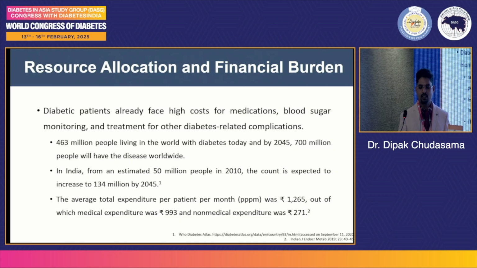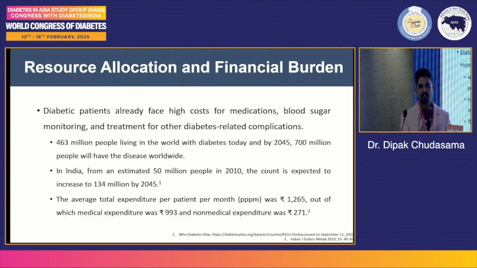The average total expenditure of a patient per month is almost 1300 rupees, of which medication expenditure is almost 1,000. Only 271 goes to consultation or laboratory. The medical aspect alone is 80%.